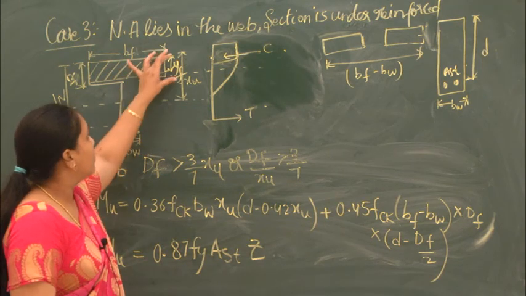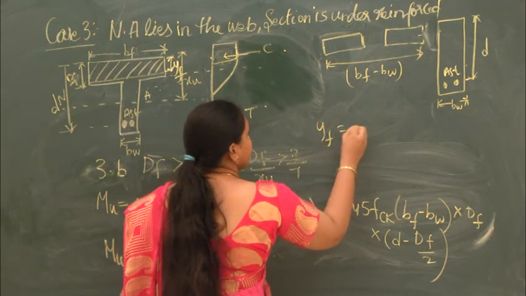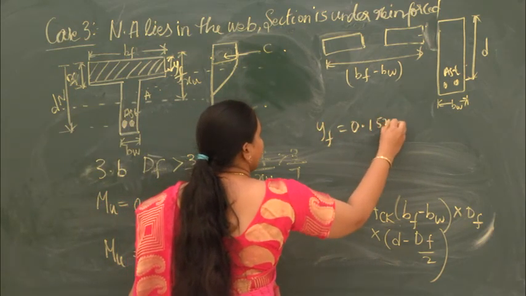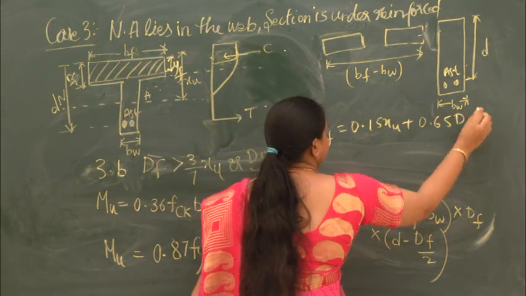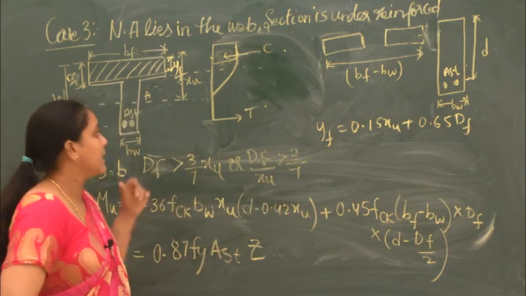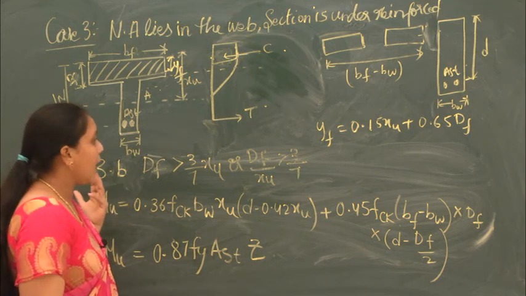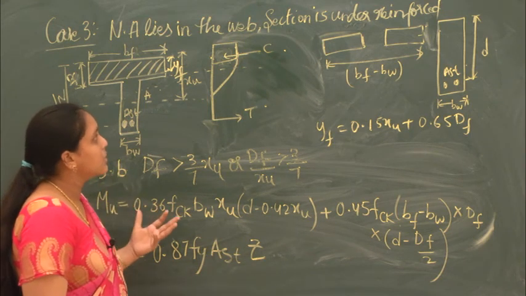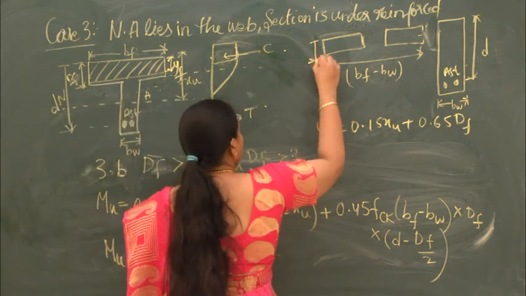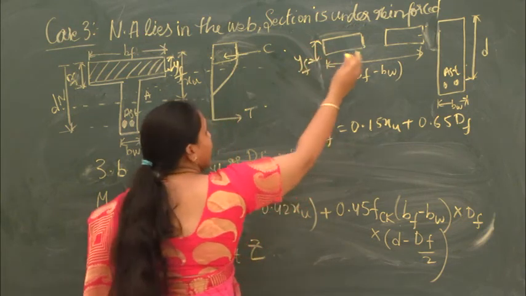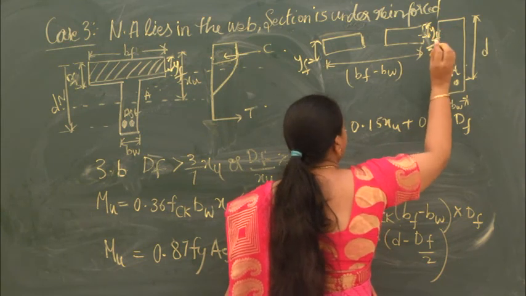YF by using an equation. YF is equal to 0.15 XU plus 0.65 dF. So by using this equation, we can calculate the equivalent depth of the flange. So what we have to do here, in this particular case, we are going to replace the dF with YF. So this will be YF and the distance half will be YF by 2.